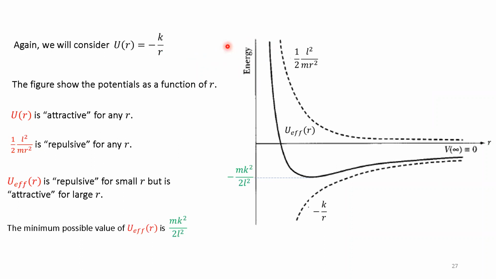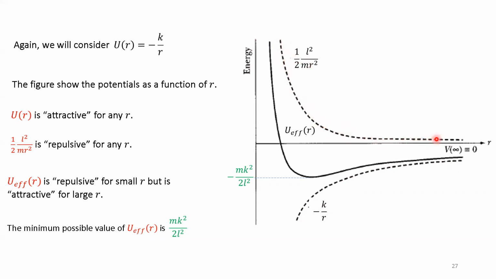Okay. So if I just draw a picture, it's clearer to see what happens. Here I have this dashed line, which is just the minus K divided by R, the real potential. And this one is the so-called centrifugal potential, the positive term over here.